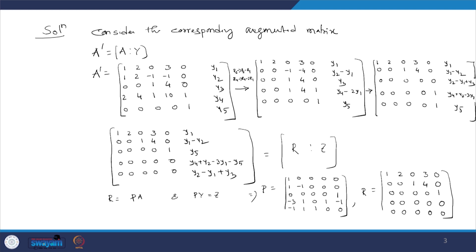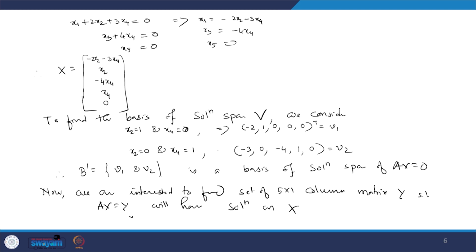Similarly, in the other row, y2 minus y1 plus y3 has to be equal to 0.